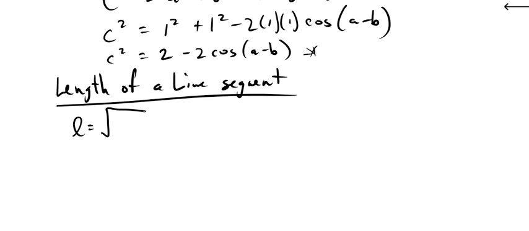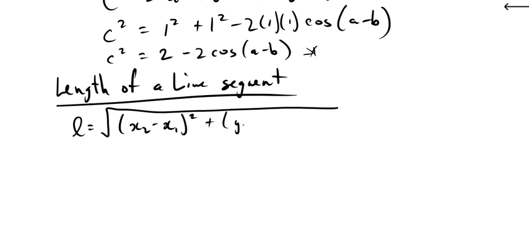Okay, I'll get us started. Big square root sign? No? X2 minus x1 squared. Starting to look familiar now?